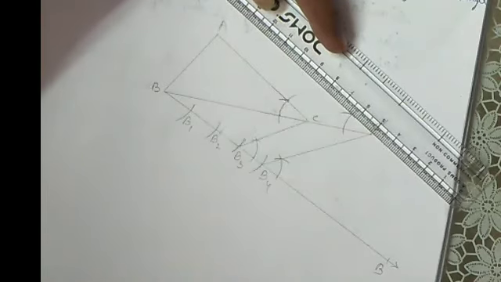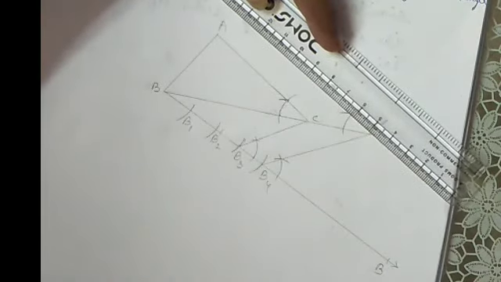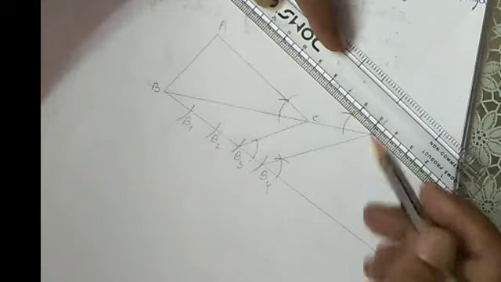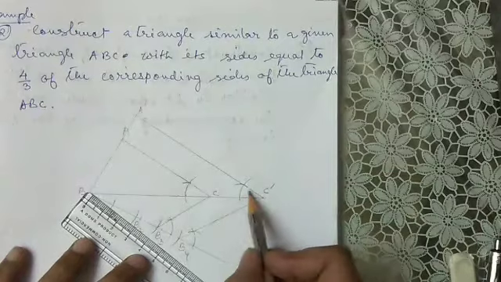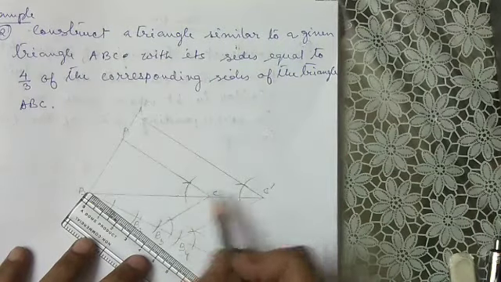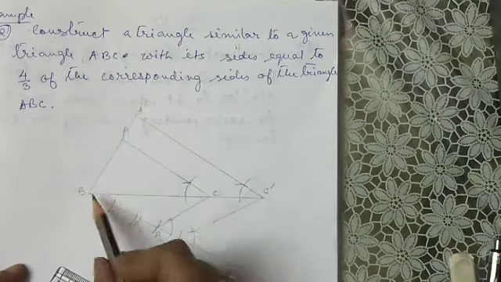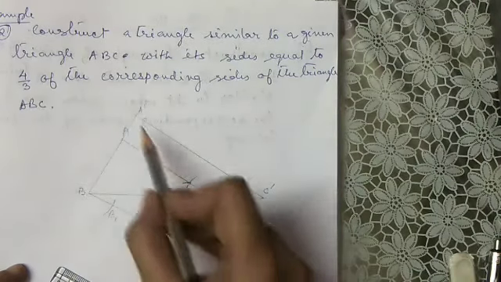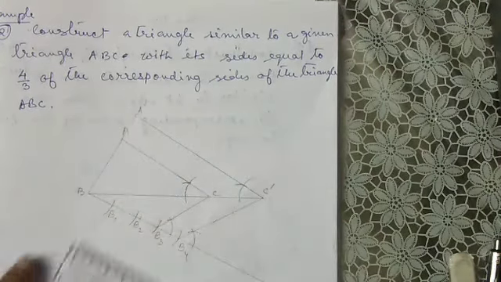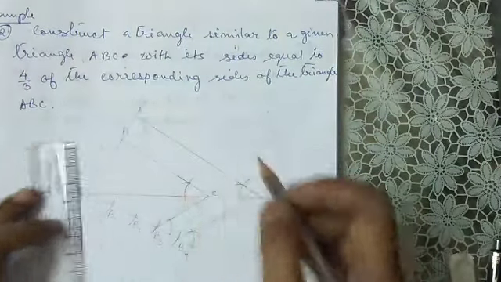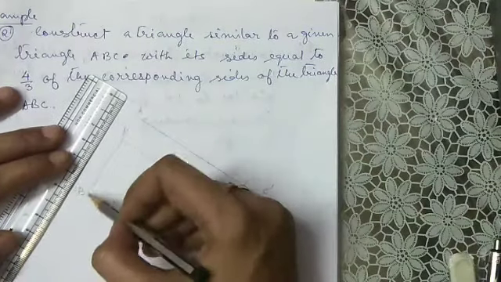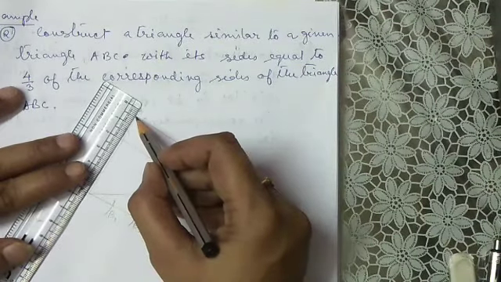So here we have made again some corresponding angles equal to angle ACB, which is equal to A dash C dash B, and then we have drawn a line segment, but this time also the line segment BA has to be produced up to A dash.